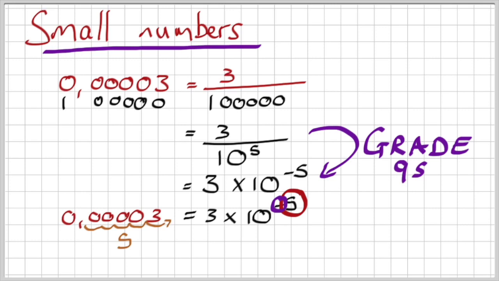How we get from 3 over 10 to the 5 to 3 times 10 to the negative 5 is actually applying the second law in a very funky way. Actually, we teach it to you in grade 9, so please do not worry about this at all, ladies and gentlemen. When I'm working with small numbers, the exponent on my 10 is just going to be negative.